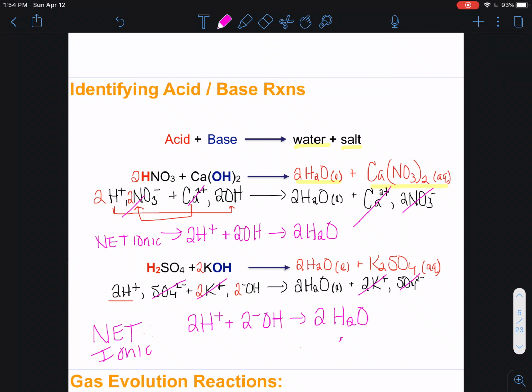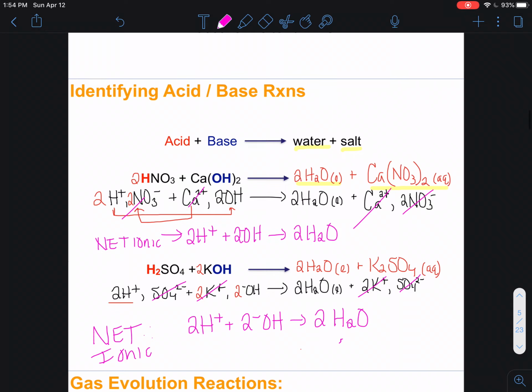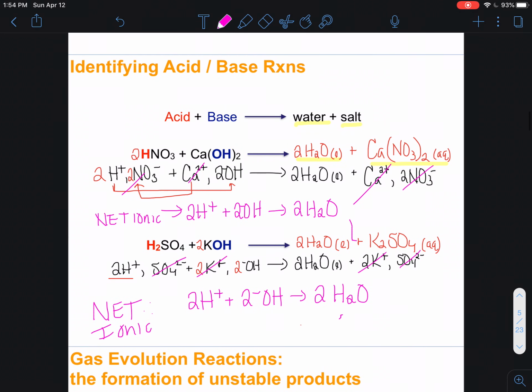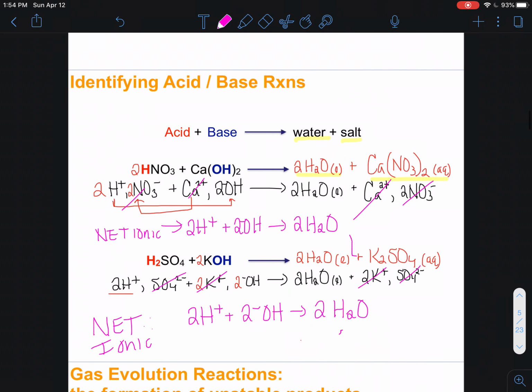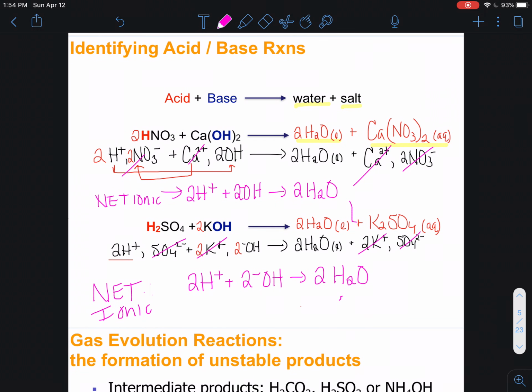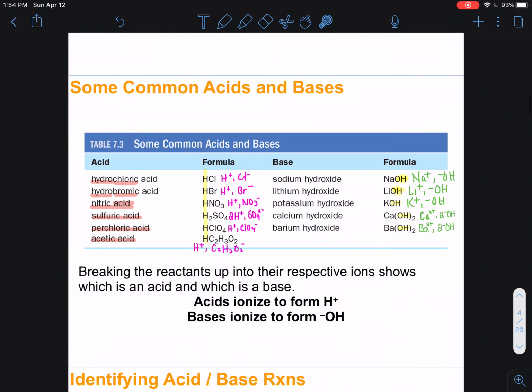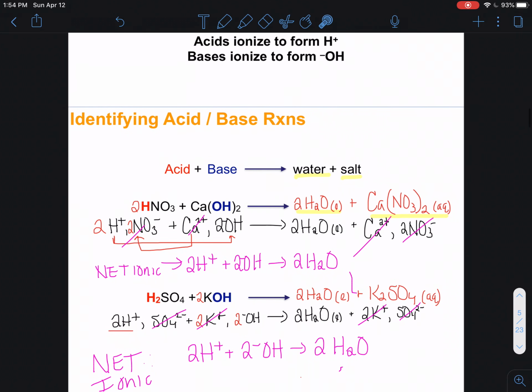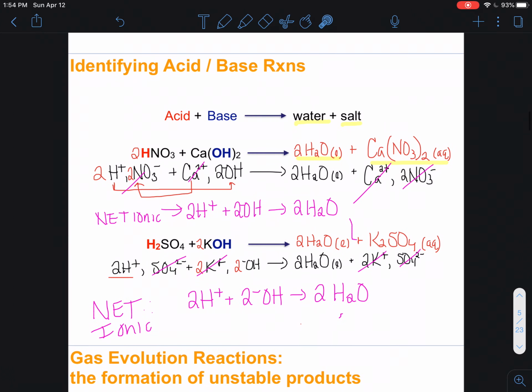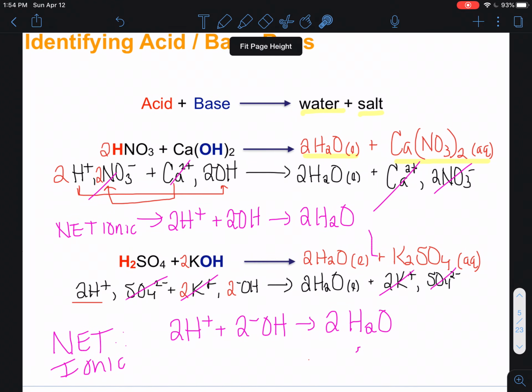Okay? So these are acid-base reactions that form water and a soluble salt. So those are pretty straightforward. Again, like I said, it's just important for you to understand what is an acid and what is a base, and I color-coded the acids and bases for you so you could see, but I also went through all of this, so you shouldn't have any problem understanding how they ionize in aqueous solutions.